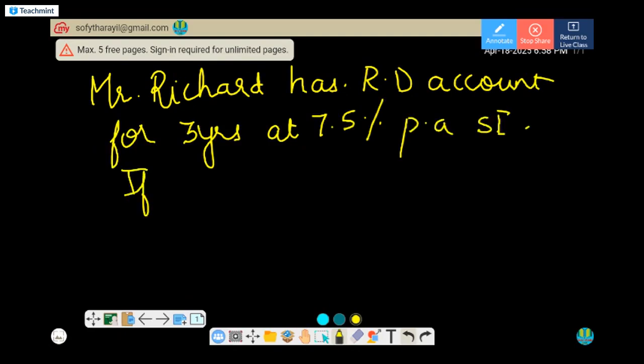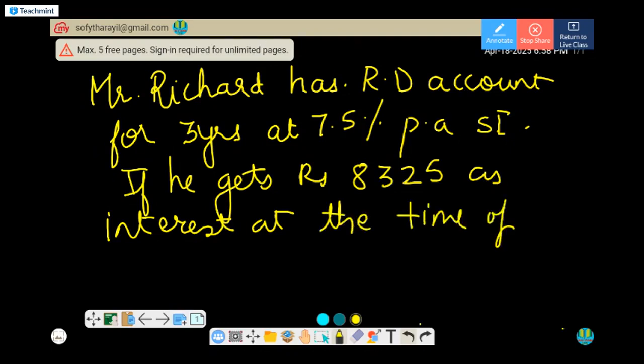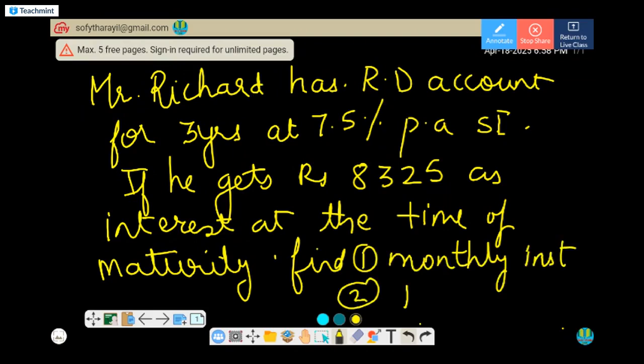So if he gets rupees 8,325 as interest at the time of maturity, you have to find what was the monthly installment or monthly deposit, and second, what is the maturity value. Yes, you can try. Anyone who gets the answer can prompt it.